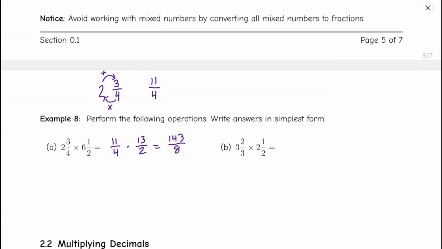Onto part B, sorry. Convert these to fractions. 3 times 3 is 9, plus 2 is 11, over 3, times 2 times 2 is 4, plus 1 is 5, over 2. Nothing reduces, so we get 55/6. That's how you multiply with mixed numbers.